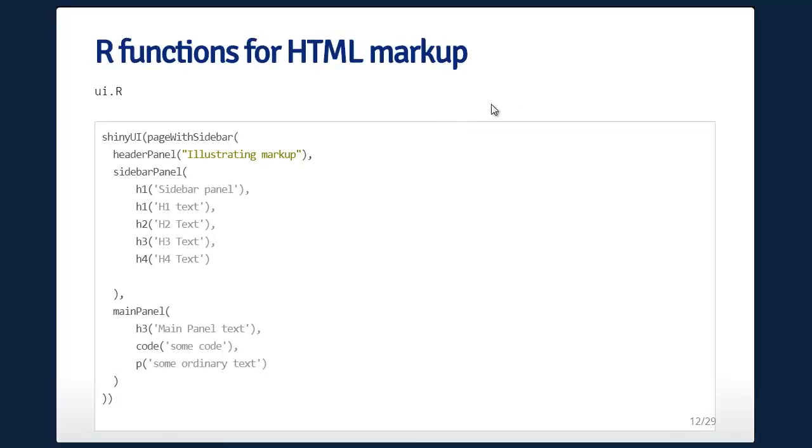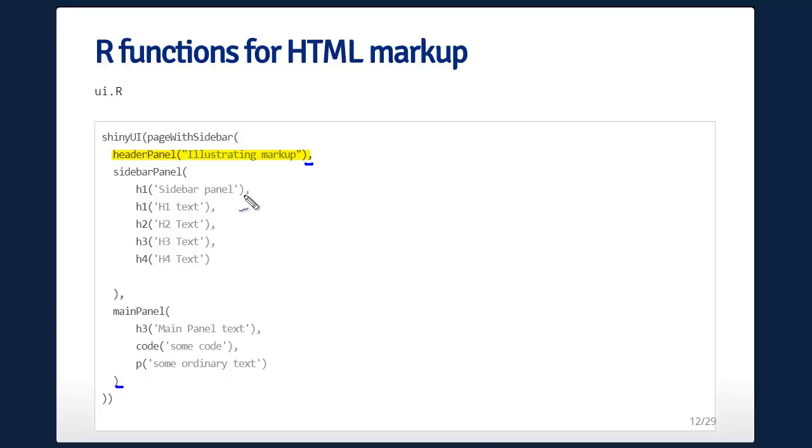Here's the example for R functions with markup. R functions will insert the HTML markup. The header panel is going to say illustrating markup, so remember that. And you've got to remember that the commas are what kill you with Shiny. You've got to have commas between things, and, for example, no comma right there.